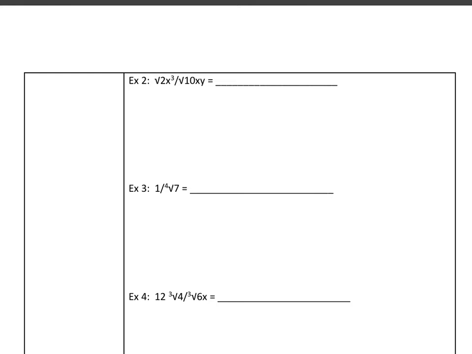So this one, example 2, is just square root of 2x cubed over square root of 10xy. Will 2 over 10 simplify? Yes. To what? 1 over 5, right? They both have a 2 in common.